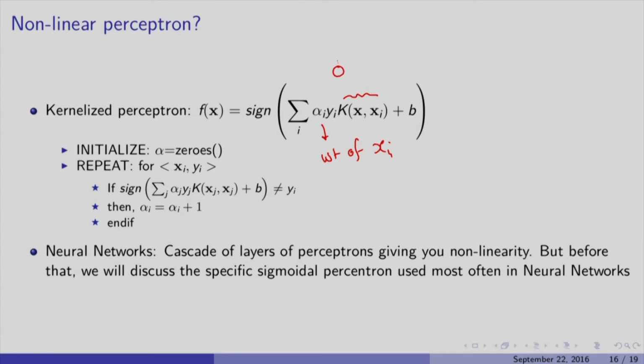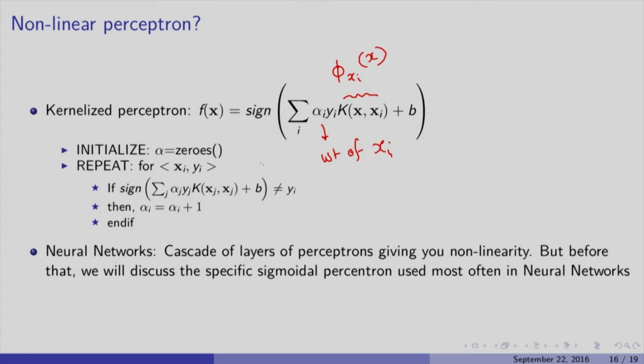This could be imagined to be the basis function centered at xi and evaluated on x. We can have this optional offset parameter b.